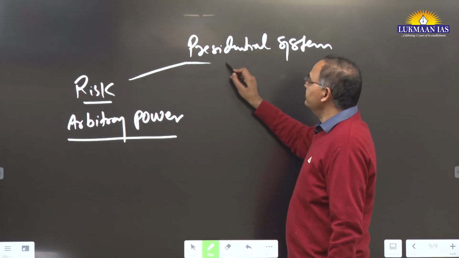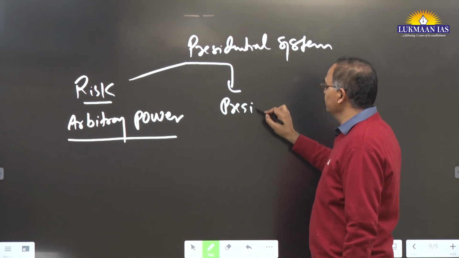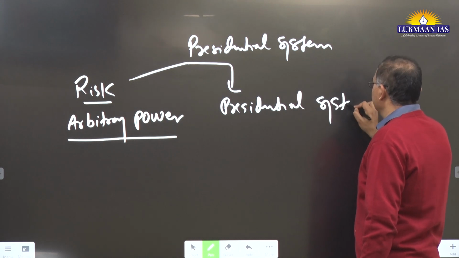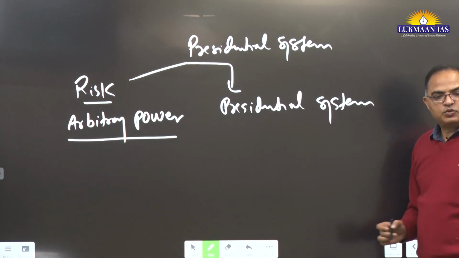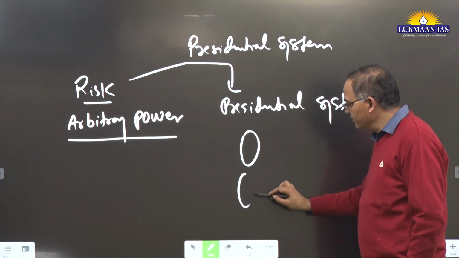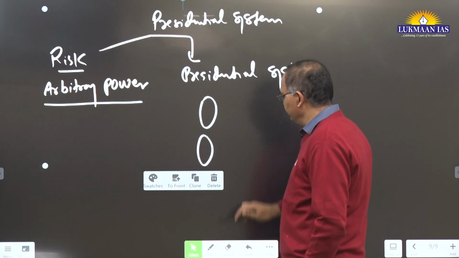Now, when we have a presidential system, try to understand that there will be separation: union, state and local.